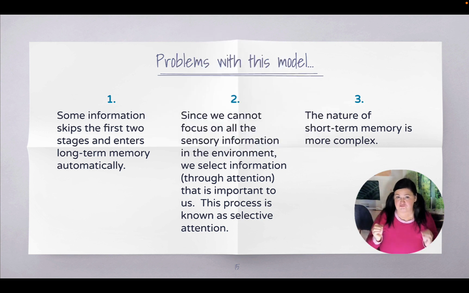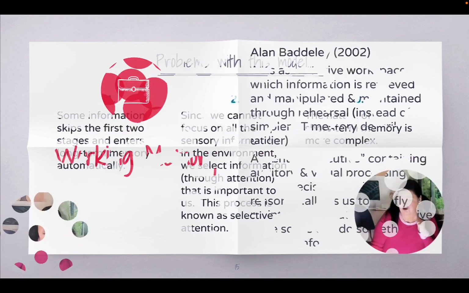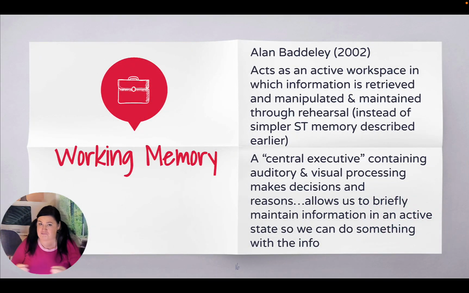So the three-stage model by Atkinson and Shiffrin in 1968 was therefore replaced by a working memory model by Baddeley and Hitch in 1974, who came up with a much more inclusive model that expanded on the three-stage model to include working memory and automatic processing.